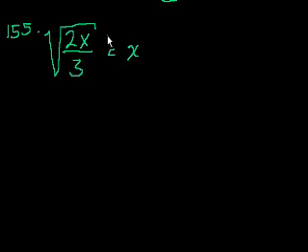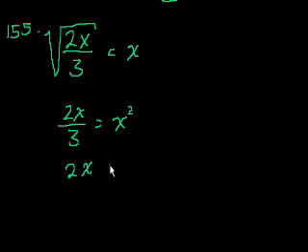Let's solve this. Let's square both sides of this. So we get 2x over 3 is equal to x squared. And then multiply both sides by 3. You get 2x is equal to 3x squared. And they tell us that x is positive, right? So first of all, that tells us that x does not equal 0.